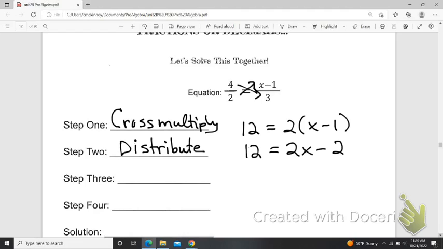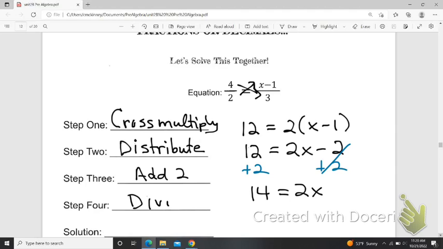Our usual things to do, we're going to, in this case, add 2, of course, to both sides, because I'm keeping that equation balanced. Or you could think of it as moving the 2. And then divide by 2.